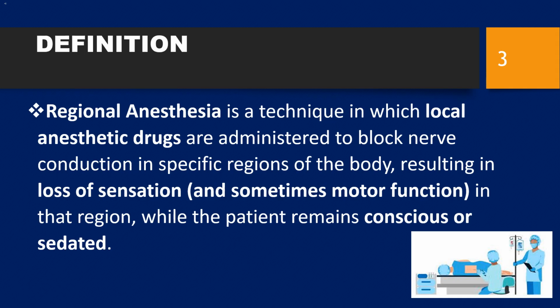Local anesthetic drugs are administered, medications that numb the area, preventing pain signals. 3. Block nerve conduction. The anesthetic interrupts signals, preventing pain transmission. 4. In specific regions of the body, targeting specific areas, such as arms, legs, or abdomen.